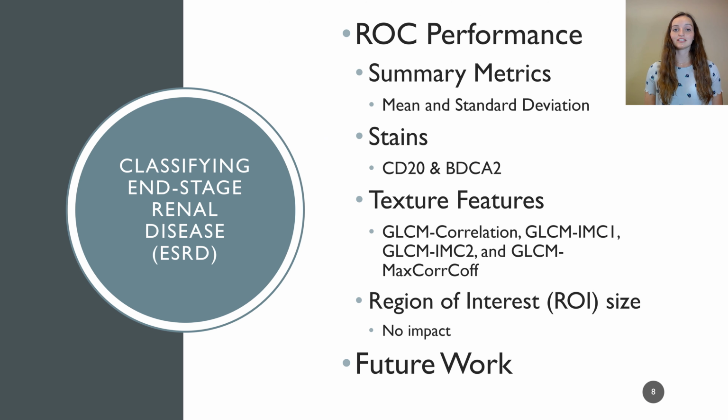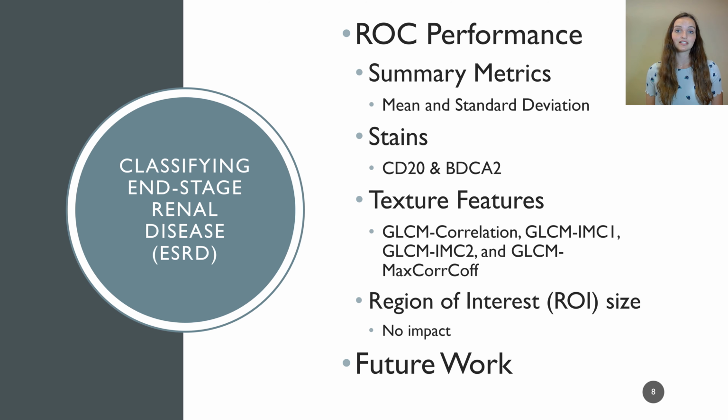In conclusion, in the classification task between kidney biopsies that do progress to end-stage renal disease versus those that do not, the summary metrics of mean and standard deviation, the CD20 and BDCA2 stains, and the GLCM texture features of correlation IMC1, IMC2, and max correlation coefficient performed the best with the highest AUC scores.